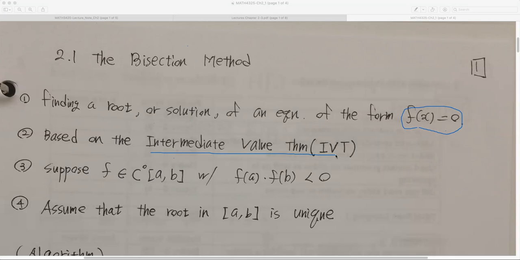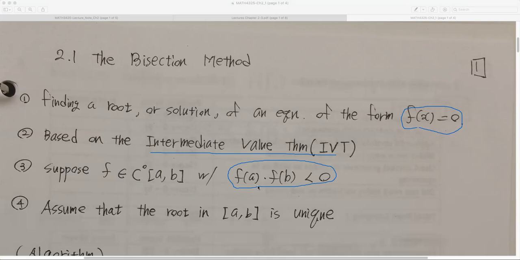Then we tweak the assumptions, adding one more assumption: f of a times f of b is less than 0. What does that mean? It means that the signs of f of a and f of b are different. So f of a is positive and f of b is negative, or f of a is negative and f of b is positive. Then there exists an x such that f of x equals 0.